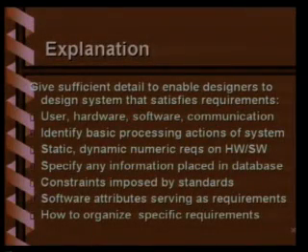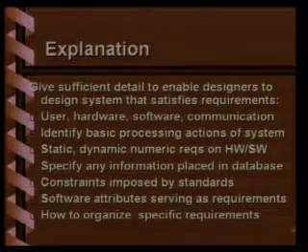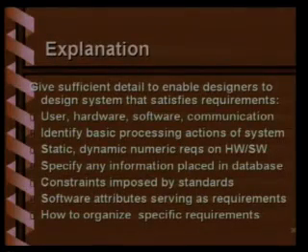Give sufficient detail to enable the designer to design a system that satisfies the requirements. So this is one of the basic objectives of this particular portion. We need to specify the users, the hardware and the software, and the communication requirements. We need to identify the basic processing actions of the system, that is the functions.